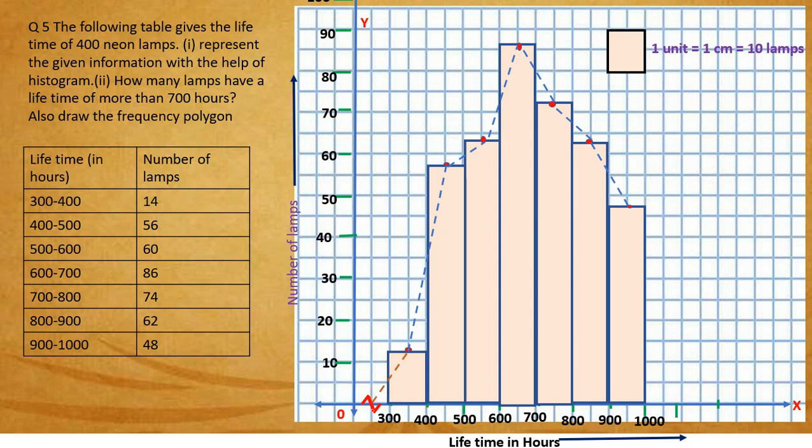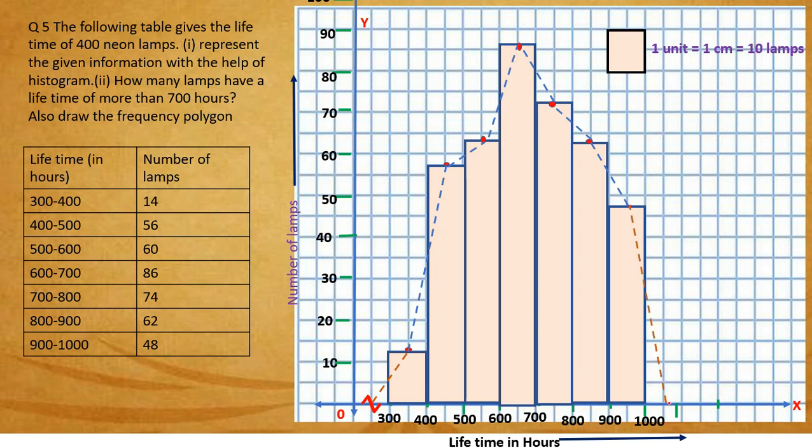So the starting point of the polygon will be on the x-axis at 250, and similarly, for 1000 to 1100 the midpoint is here, so we join the end point of this frequency polygon to this point.